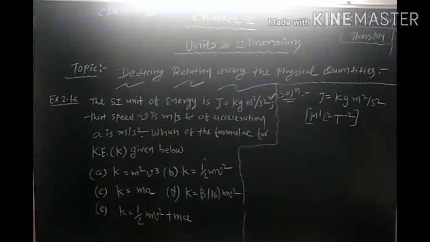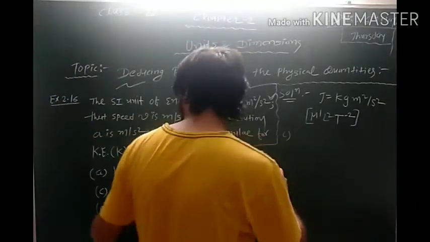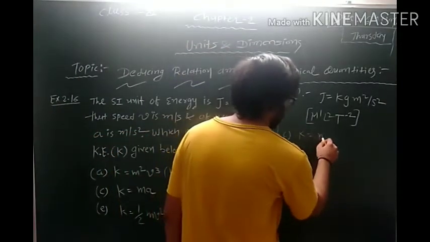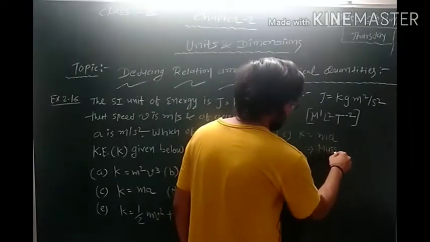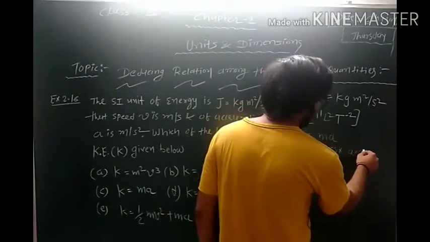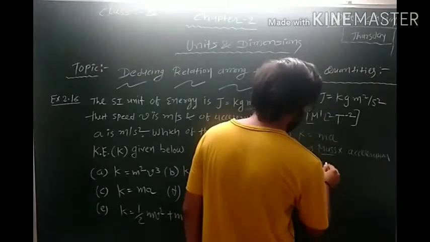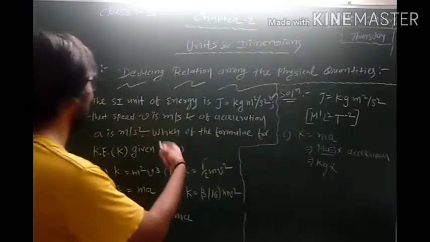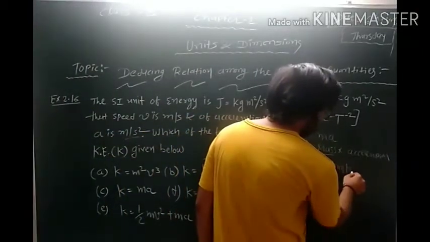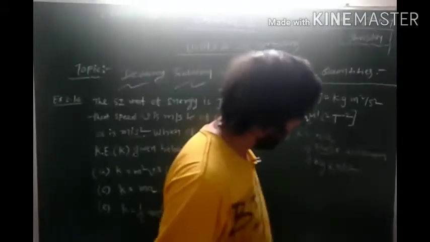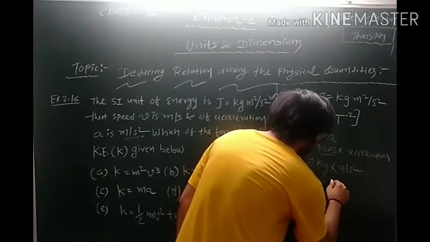Now students, we take option C, that is given K equals ma. Here m is mass and a is acceleration. Mass is measured in kilogram, and acceleration is measured in meter per second square. So we can write the dimensional formula of this equation as M1 L1 T raised to minus 2.